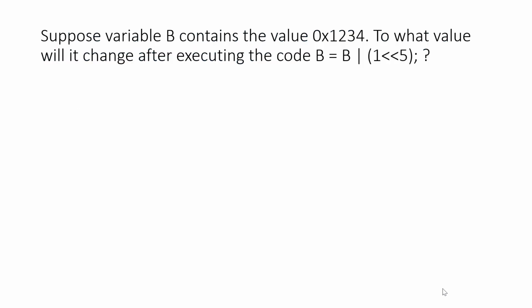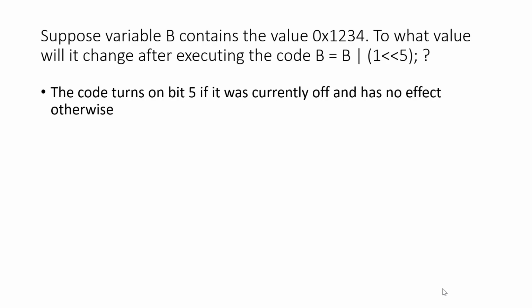Suppose variable b contains the hex value 1234. To what value will it change after executing the code: b = b | (1 << 5)?